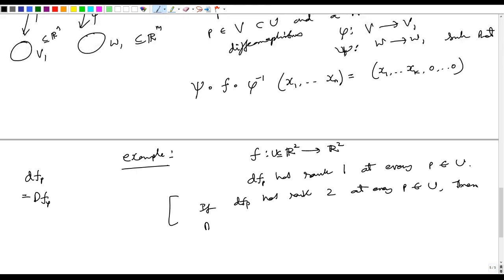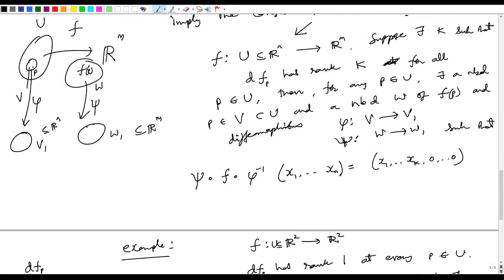Then the inverse function theorem applies at every P in U. So the inverse function theorem tells me that it will give me a neighborhood like here.